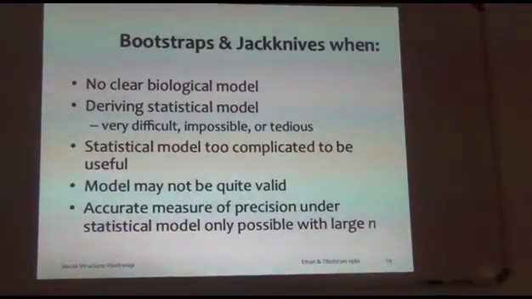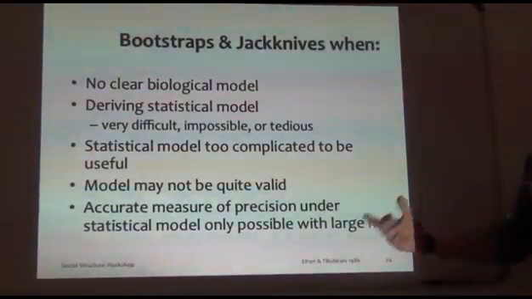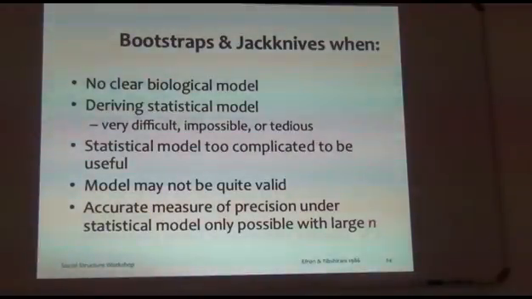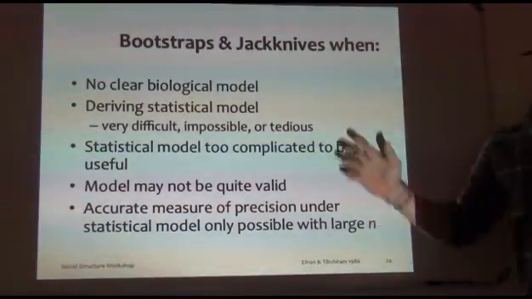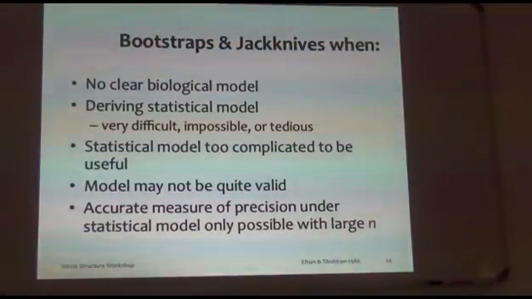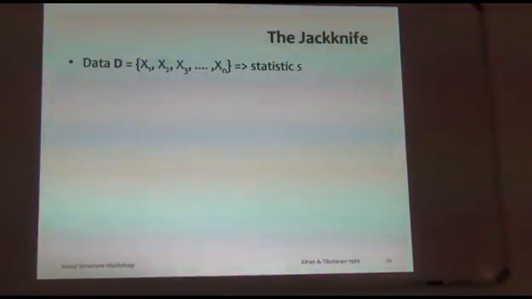We might need a large number of samples to be able to estimate using a theoretical distribution. So when we don't have that, and this is often the case for networks in animal social analysis, we can use two resampling techniques. One is the Jackknife, and the other is the non-parametric Bootstrap.